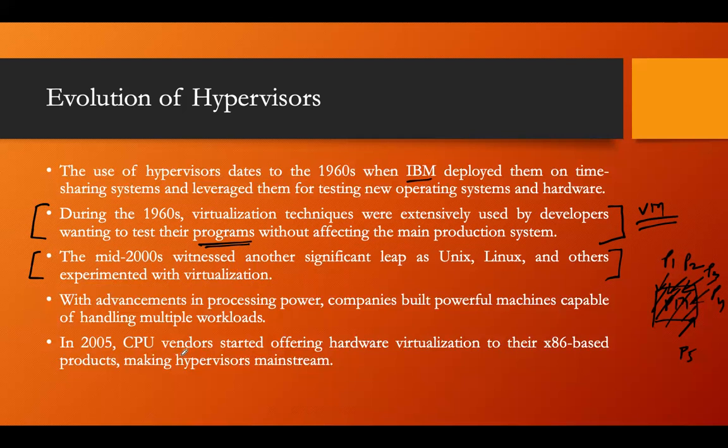In 2005, CPU vendors started offering hardware virtualization in their x86-based products, making hypervisors mainstream.